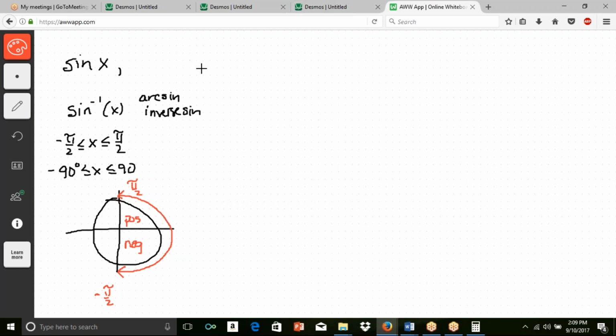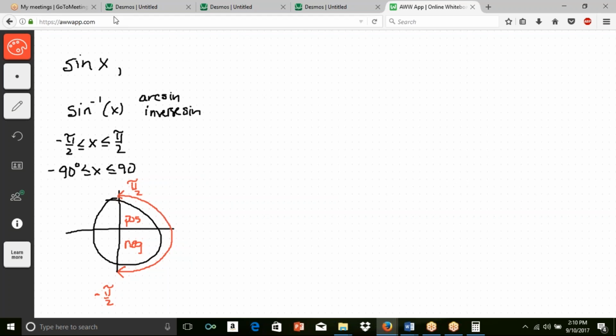And later on in 8.2 and 8.3, we'll talk about what we can do to try to find angles in certain places, okay? But just understand that for now. For sine, if we have arcsine or inverse sine, it's restricted between negative pi over 2 and pi over 2, which is negative 90 degrees or 90 degrees, okay?